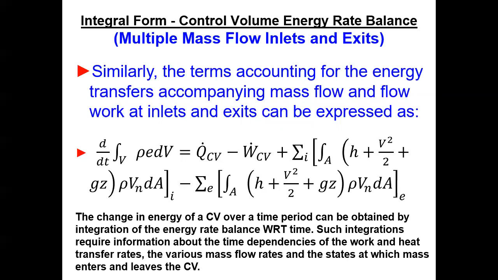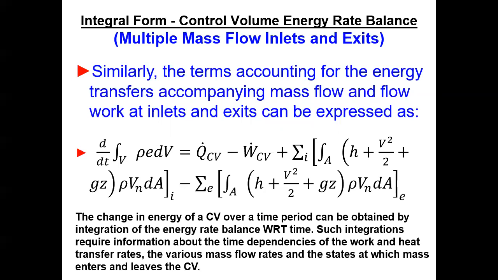The density is kilograms per meter cubed, and then the specific energy is energy per kilogram, and when you multiply it all together, you get the energy in that little volume element, and then you add them all up over the control volume, and then you take the time rate of change of that.